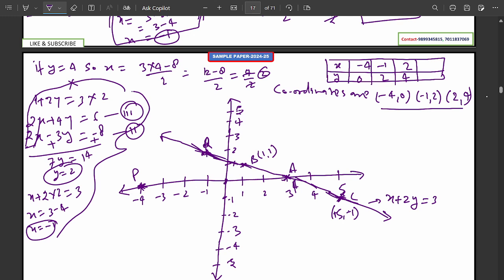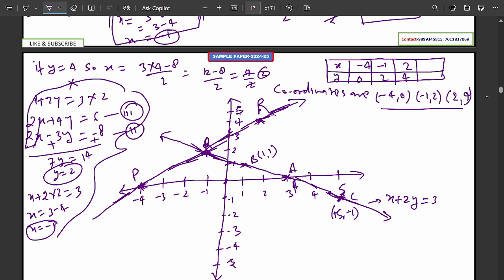So 2 is here and 4 is here. So exactly, P, Q and R, this is point R, and you just draw a straight line. Okay, so it will go like that.